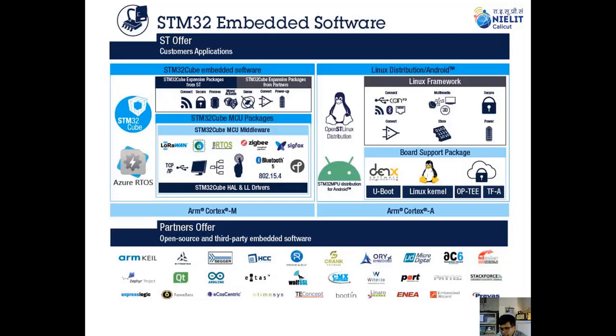This is a vendor specific IDE, but ARM Keil is a generic IDE that you can utilize. And not only Keil, Arduino platforms are also nowadays coming up with library support for many of the STM series, so you can use the Arduino IDE also and develop your applications.